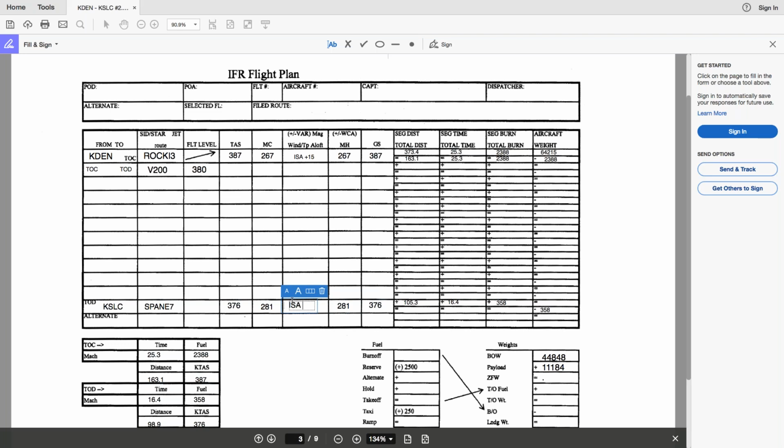In this case, it's really just filling a box. If you wanted to leave those boxes blank on those two, you could, because it's not anything you need.